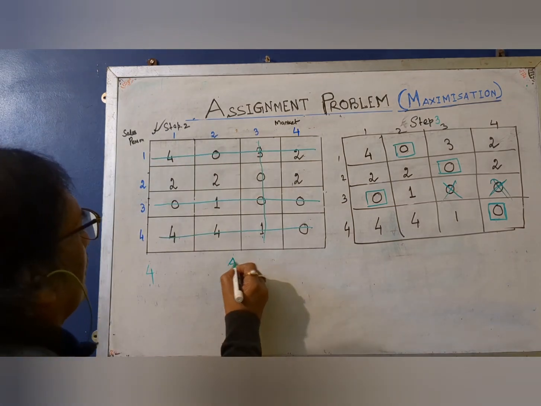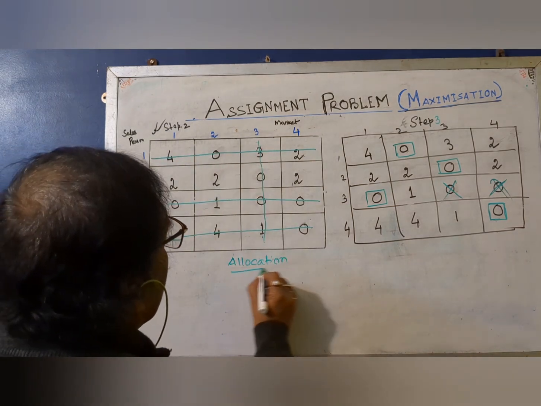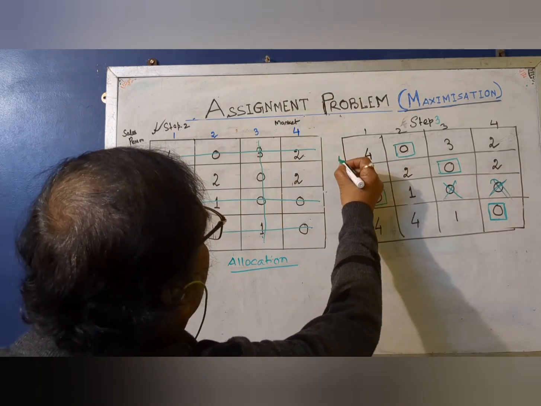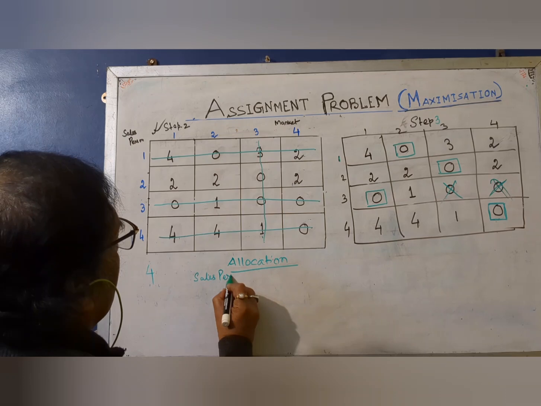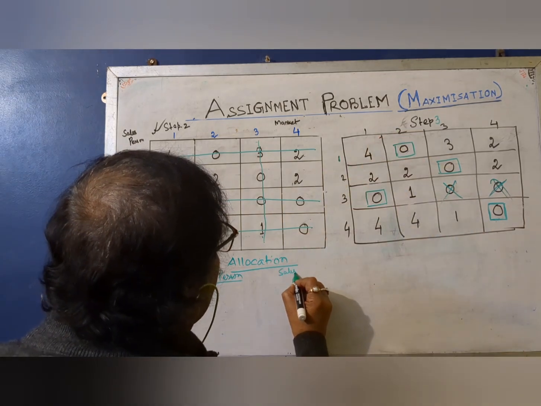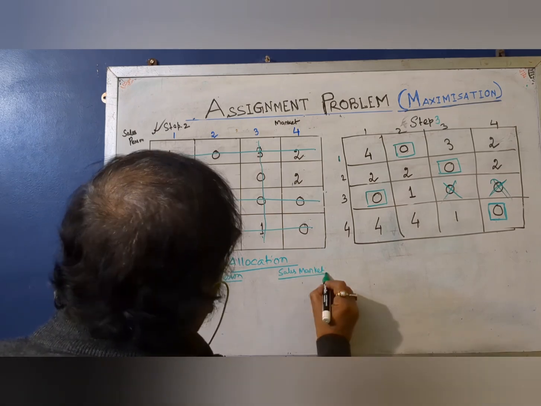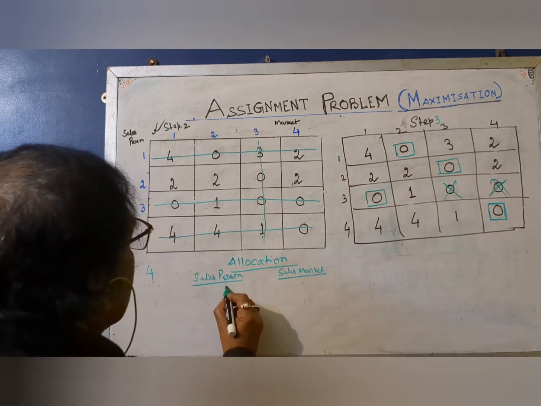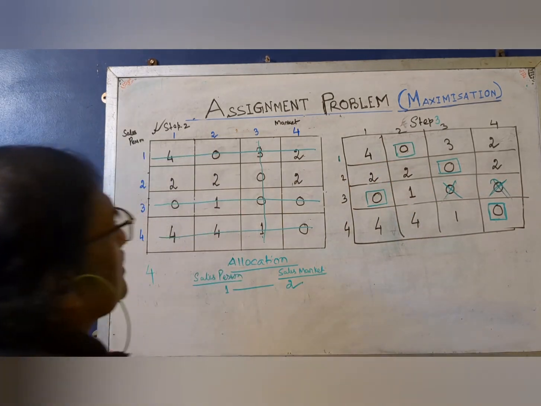Your allocation will be for which the profit will be maximum. You should allocate salesperson. This is salesperson and this is the sales market. Selling market, you can say. How? First salesperson you attach to the market 2. This will be allocation.